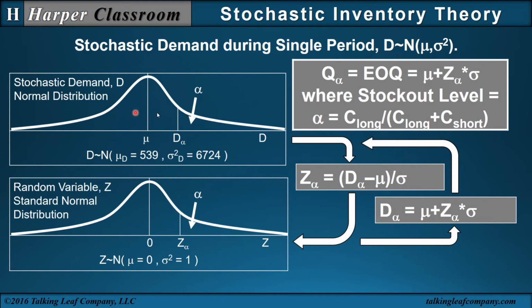Well, the probability below, or the percentage of the distribution below, is nothing more than a percentile. In other words, if alpha is 0.1, 10%, that means the probability below is 90%. So that's a 90th percentile. And so what the EOQ single period stochastic demand equation is doing is just finding a percentile of 1 minus alpha.